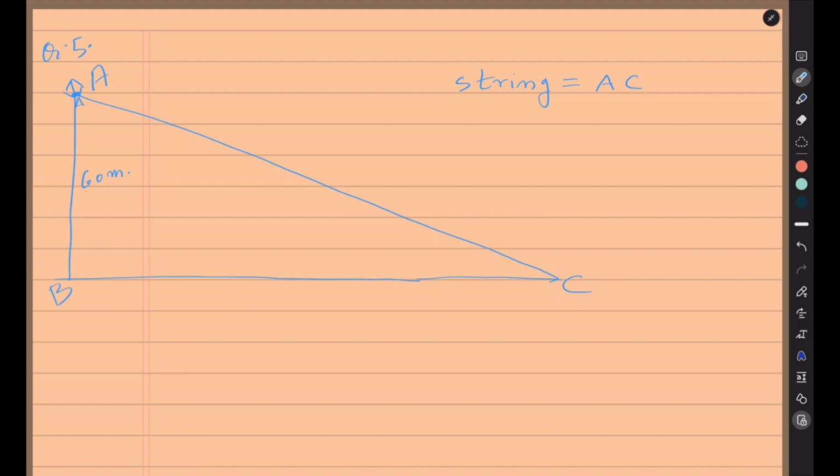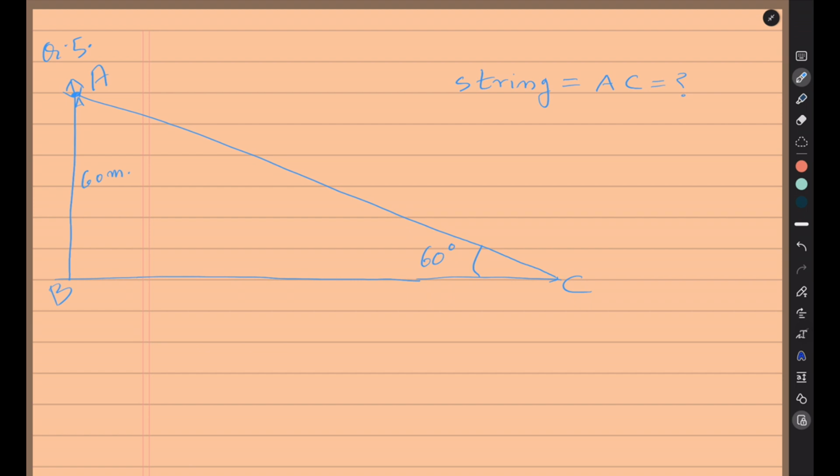The inclination of the string with the ground is 60 degree. So although it does not look like 60 degree, let us assume it's 60 degree. So the angle of elevation is 60 degree. Find the length of the string. Okay, so we need to find AC in the figure we have made.